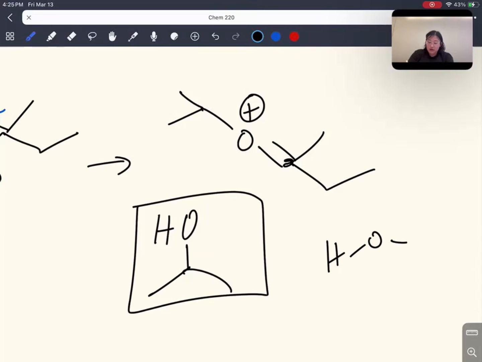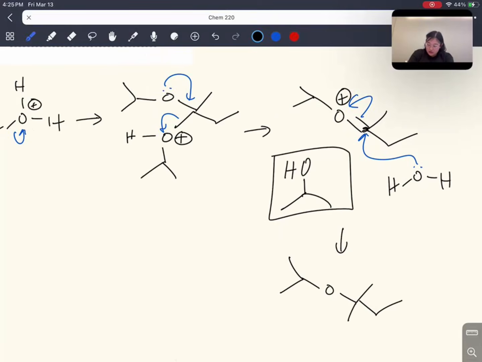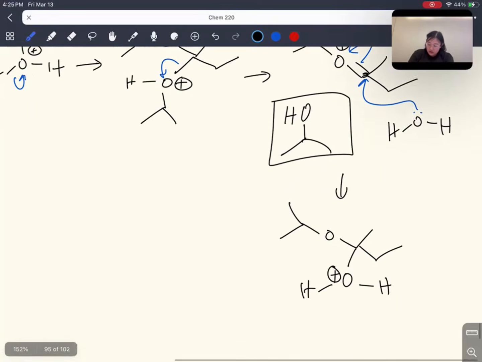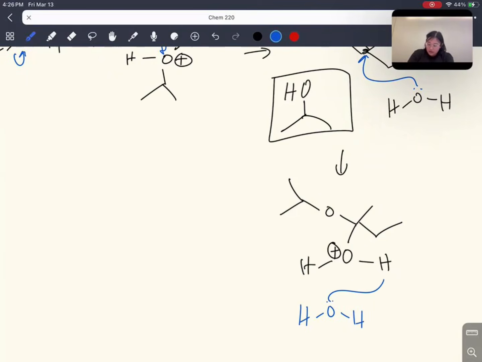And so what this oxygen on water can do is it can attack this carbonyl carbon and push off that double bond. And then now we have this, and now we have this. And then again, we have water that can just deprotonate this oxygen over here.